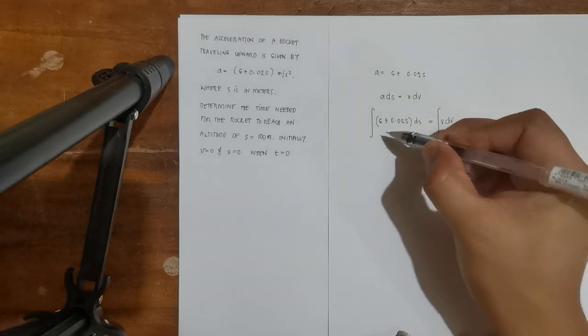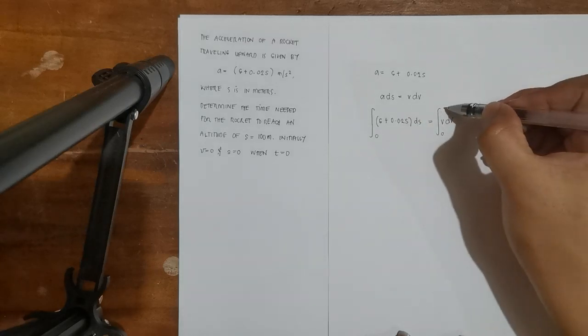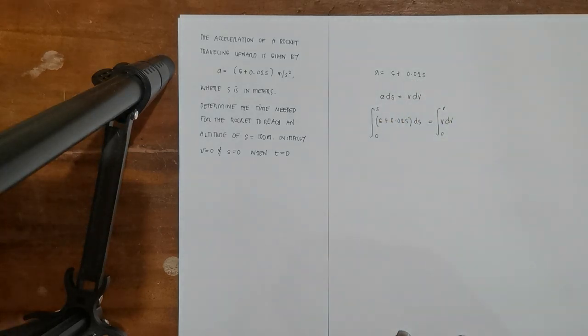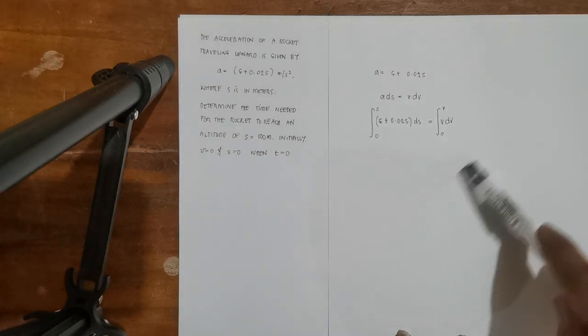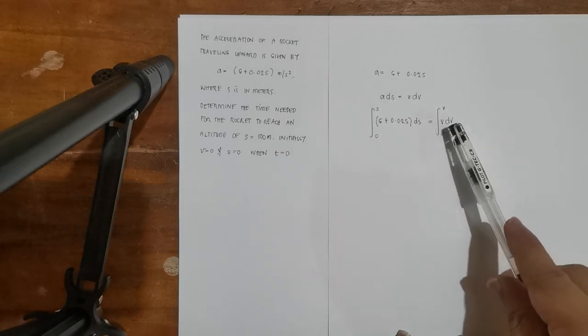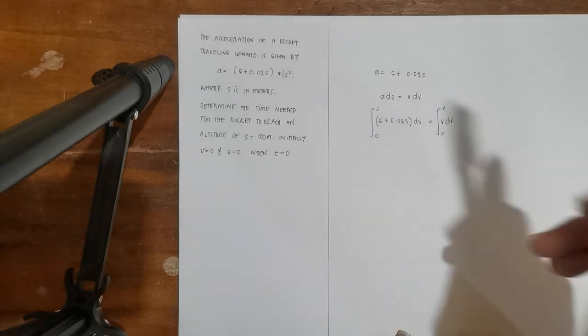So the initial position is 0, the initial velocity is 0. So to a final velocity and then final displacement or position. So for this function, makakakuha tayo ng equation relating velocity and position of the rocket.